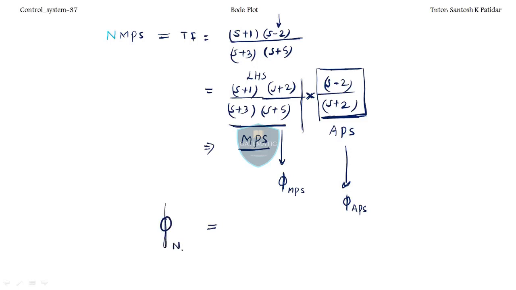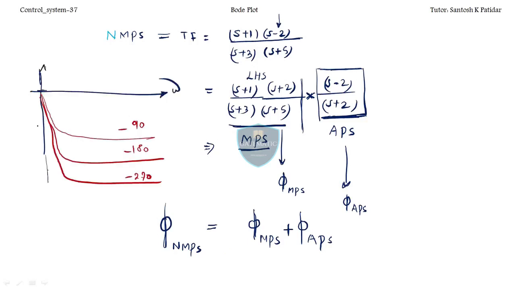This is the phase of the non-minimum phase system, so this is nothing but phi of MPS plus phi of all pass system, isn't it? This is the relation always between all these three things. So the phase provided by a non-minimum phase system is nothing but the summation of the phase provided by the minimum phase system and the all pass system.